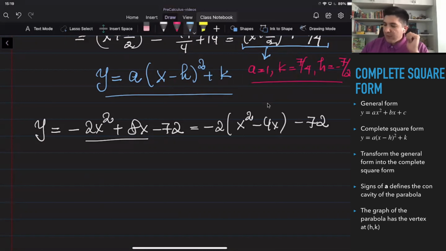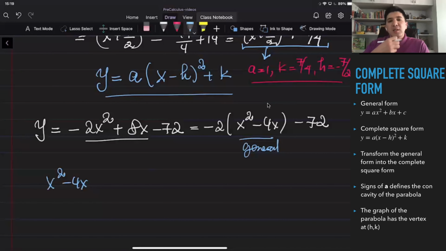Okay, so this is kind of a general form of a quadratic function, and we can bring this to the complete square form, right? So let's do this separately. So let's say you are given x squared minus 4x, and I would like to bring this into this general form. So it's going to be written as x squared minus 2x. So it's always coming like a plus 2x or minus 2x. Then I'm going to multiply this by 2 because it should be 4x, right?